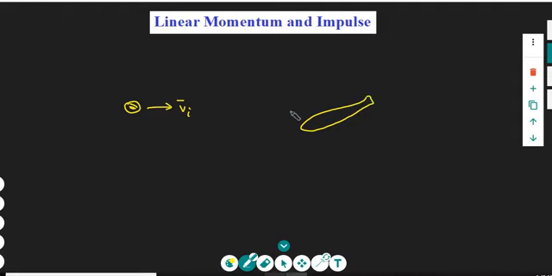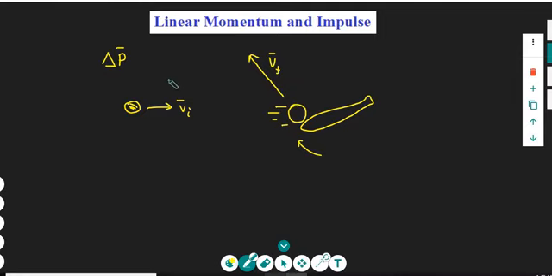Someone using a baseball bat hits this incoming ball. The bat goes like this, the ball is coming like that. What's going to happen is that after impact, the ball will fly in this direction. Let's suppose that it has a final velocity in that direction. So there's a change in the velocity. As a result, there's a change in the linear momentum of the object.